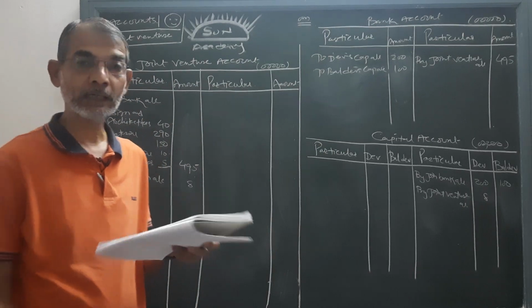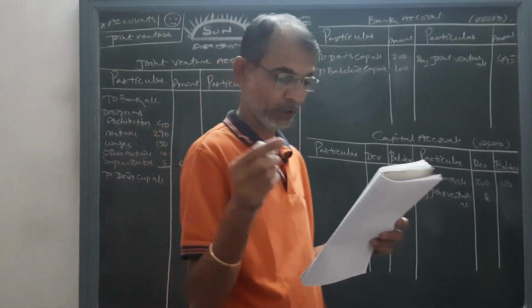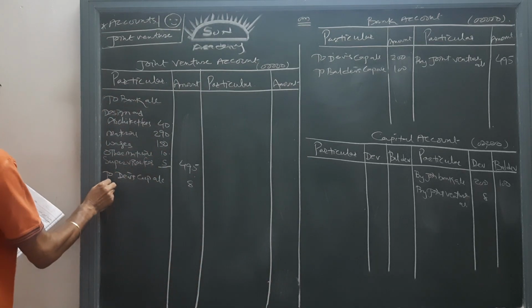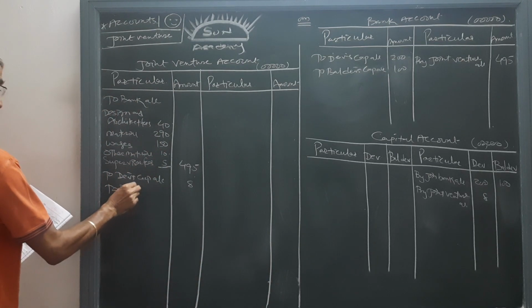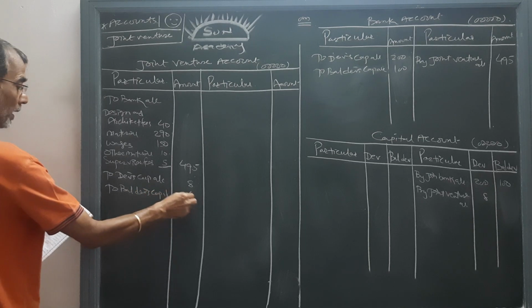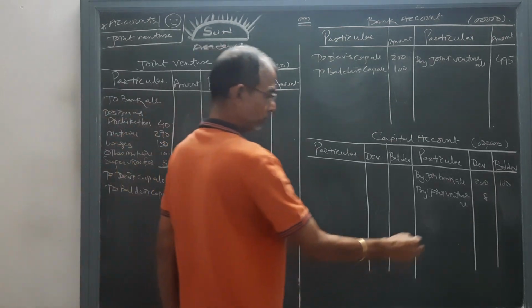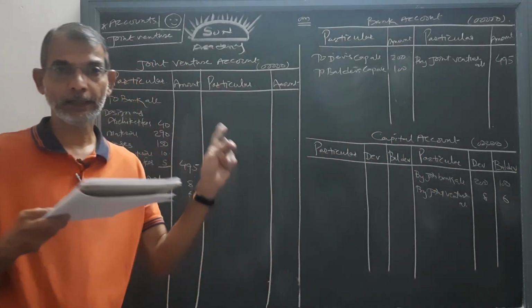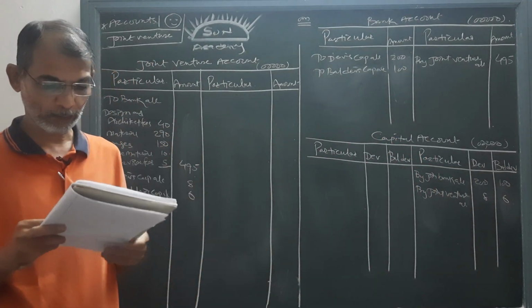While Baldev has rendered services as an engineer for 6 lakh, so to Baldev's capital account, on the credit side of the capital account in the column of Baldev.